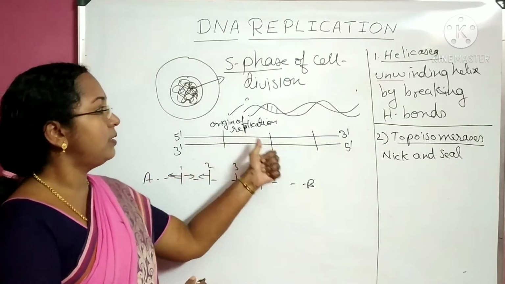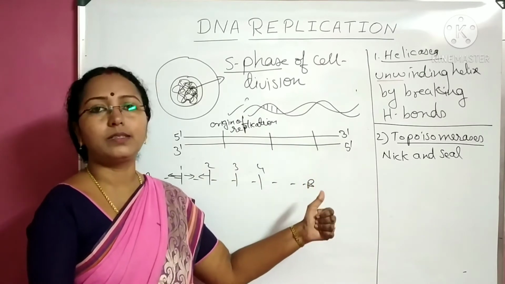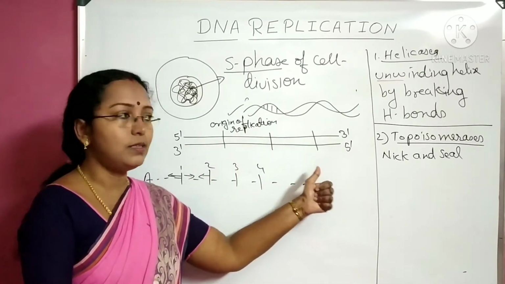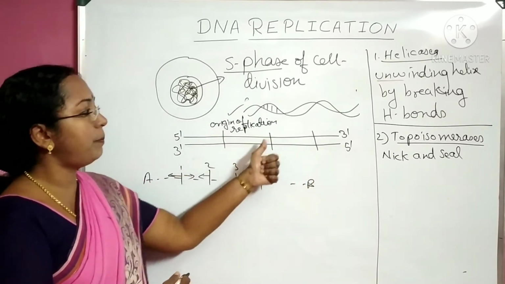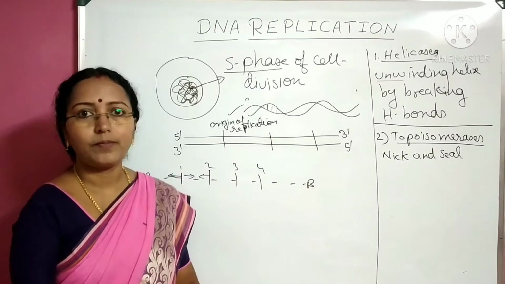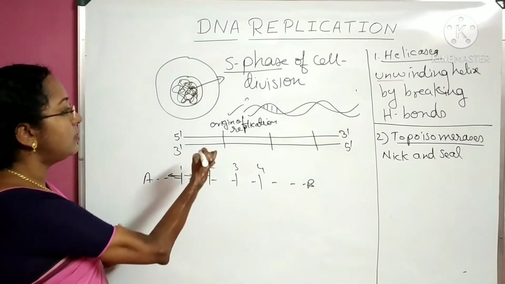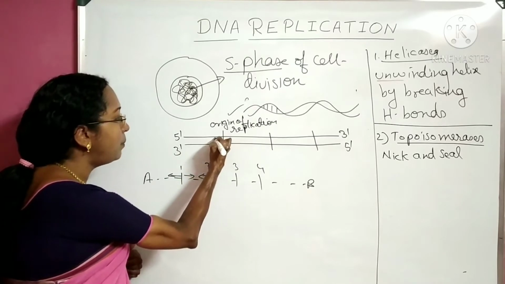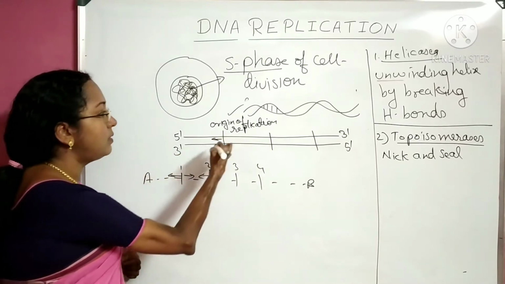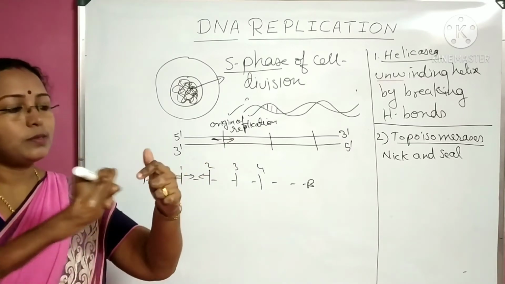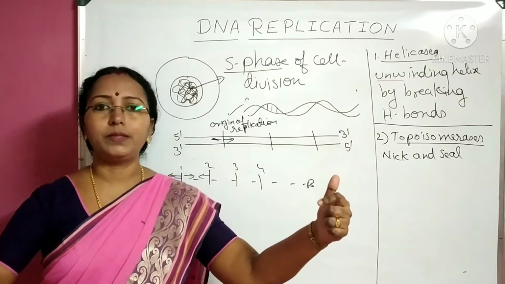At different points, the DNA replication begins, and you call each and every point where it begins an origin of replication. And from this origin of replication, replication can happen in both directions, towards this direction and also towards the other direction.